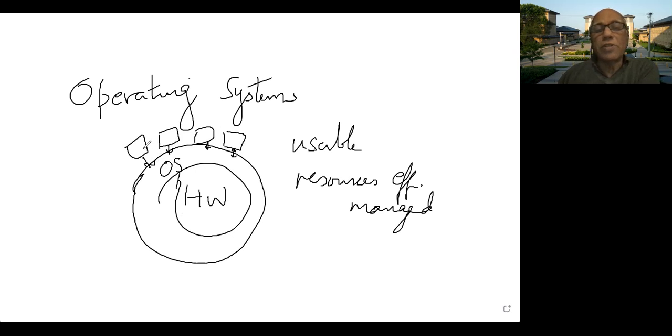So if a browser needs to communicate with a remote server, it will issue a request which goes through the operating system, and then through that, it is able to access the communication devices that are part of the hardware and send and receive messages to or from a distant server, right? So most of us, when we write programs, would be using the operating system directly, right?